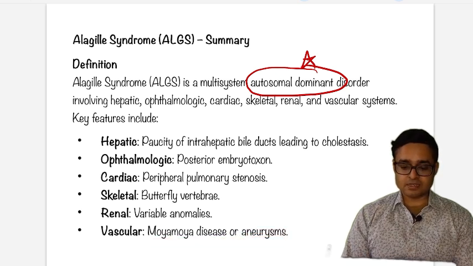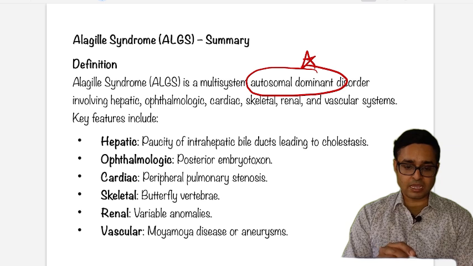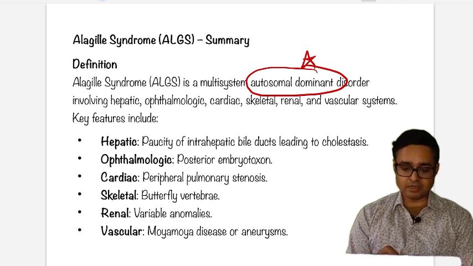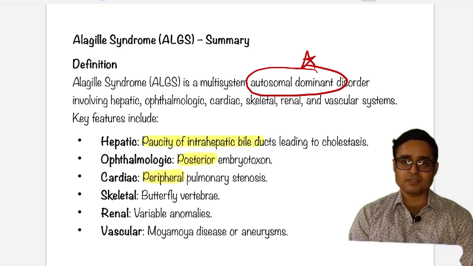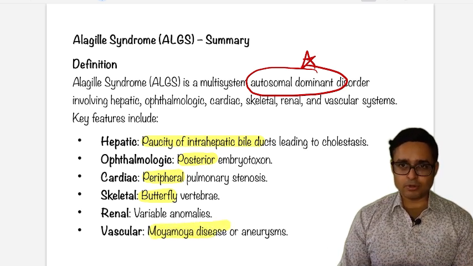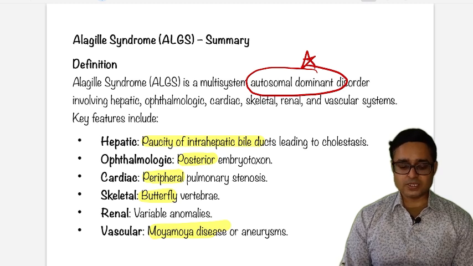Just highlighting the important things: paucity of intrahepatic bile ducts, posterior embryotoxon, peripheral pulmonary stenosis, butterfly vertebrae, and moyamoya disease. These are very important points for Alagille syndrome.